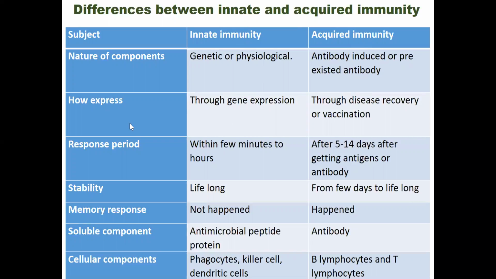The response period of innate immunity is within a few minutes to hours, and acquired immunity responds 5 to 14 days after getting antigens or antibodies. Stability is lifelong for innate immunity, because it is inborn, and for acquired immunity it ranges from a few days to lifelong.